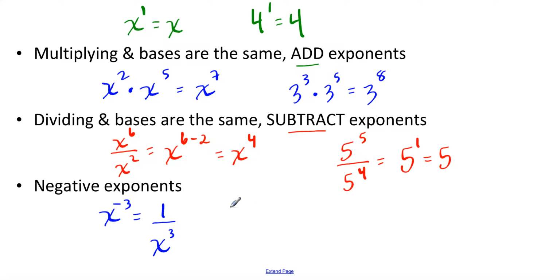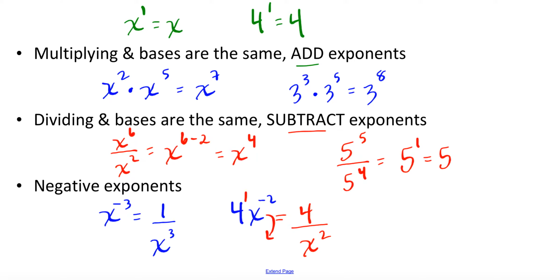So for example, if I have 4x to the negative second, the exponent on the 4 is a 1, so it doesn't need to go anywhere. It has a positive exponent. But the x to the negative second goes to the denominator and becomes x to the second. So if you're unsure, make sure you have an exponent on each term, and that may help you understand which piece you need to move.